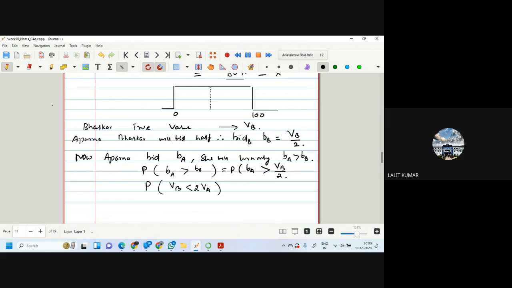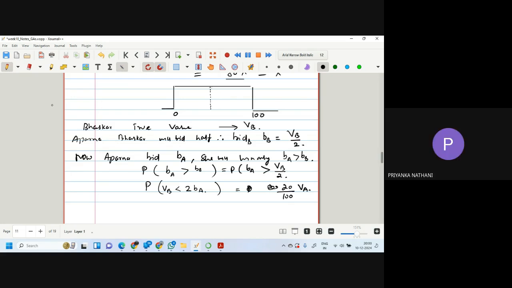So the probability will become equal to the probability of this 2 into VA 0, or 20 by 100 into VA, whatever the value of 20. Sorry, here it is not VA, the question is wrong here. This will be VB less than 2BA.